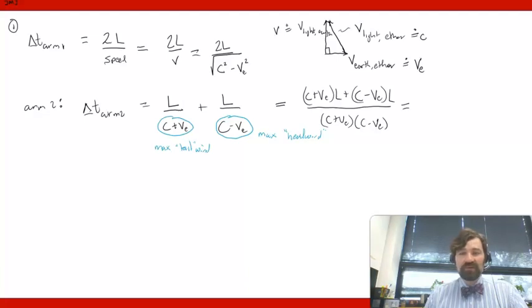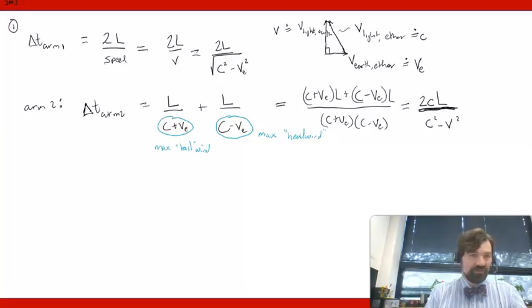And so if you combine like terms here, the top reduces to 2cL, and the bottom is a difference of squares. So you'd have c squared minus v squared. And so that is your time for arm 2 in case 1.